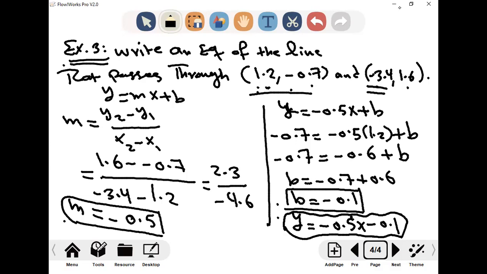So if you use this point here, it will be the same at the end. So it's up to you. You have 2 points. Use the point with the easy number. You can use this point or this point in finding b. One of them, it's okay.